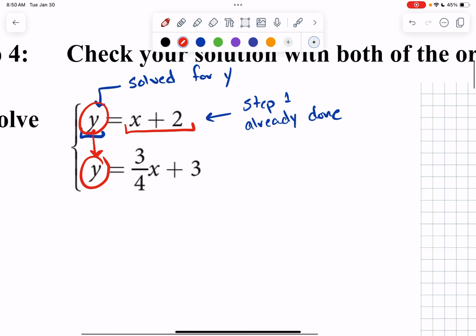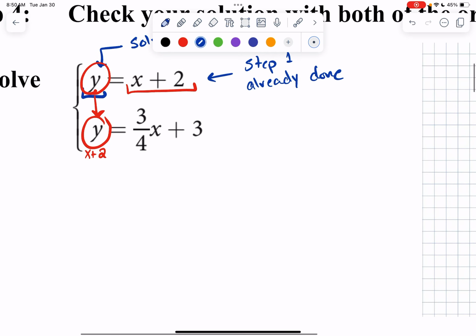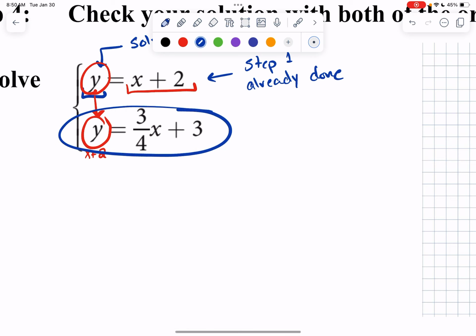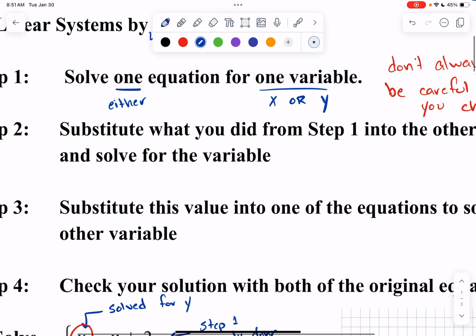So we're replacing this y with x plus 2. So my new equation, instead of y equals, I'm using this x plus 2 for that y. x plus 2 equals 3/4 x plus 3. So there is my substitution step. So here's my step 2.